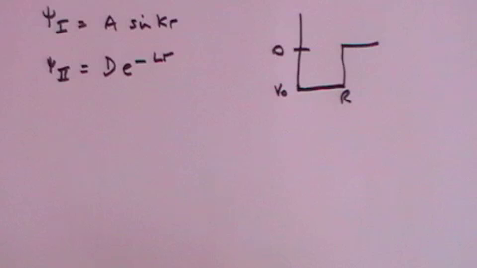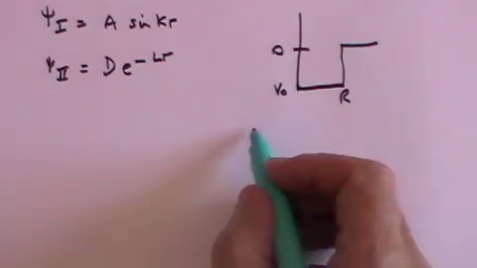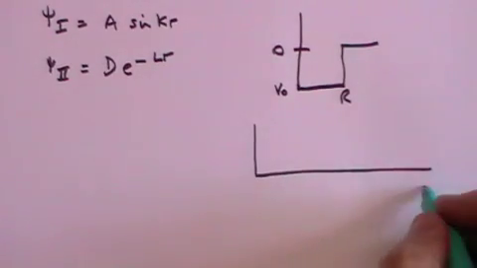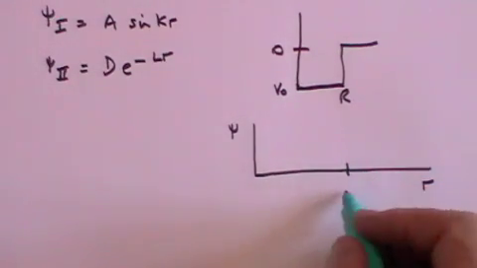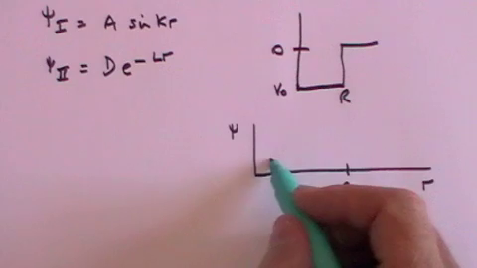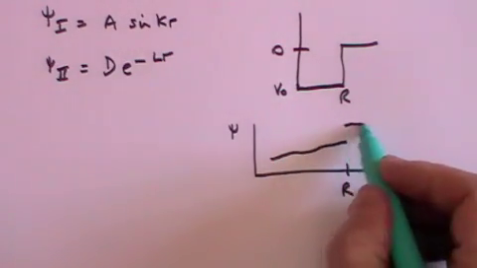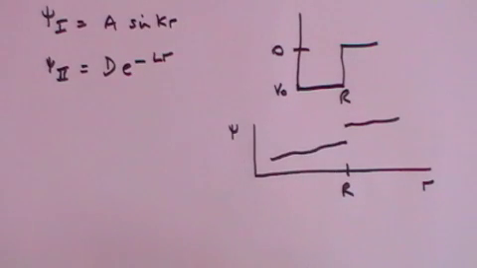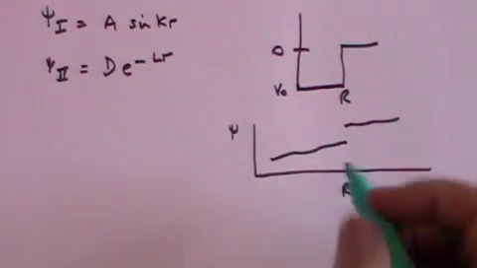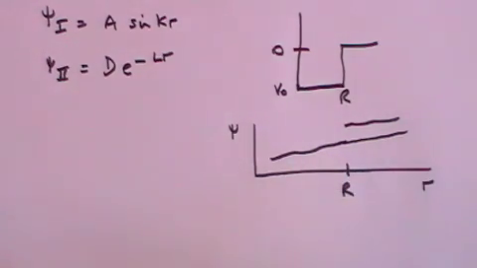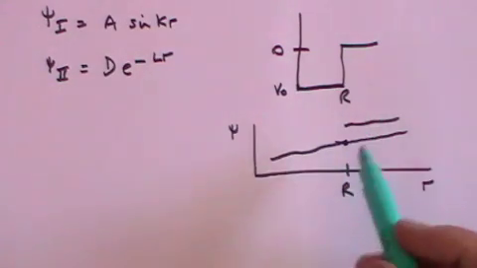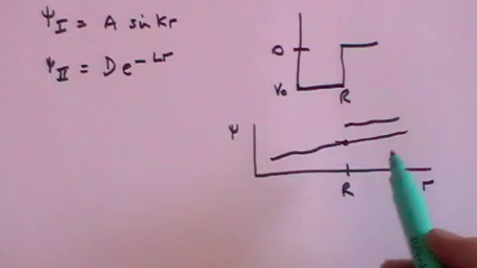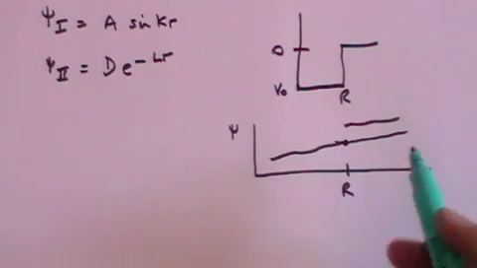Now, there are two more conditions that apply with wave functions. The first is that a wave function must be continuous. So if you're plotting the wave function against the value R, and here is capital R, what you can't do is to have a wave function which stops like that and starts like that. It has to continue across the boundary, which means that the value of psi at this point is the value of psi inside the box and the value of psi outside the box, because the two are the same.